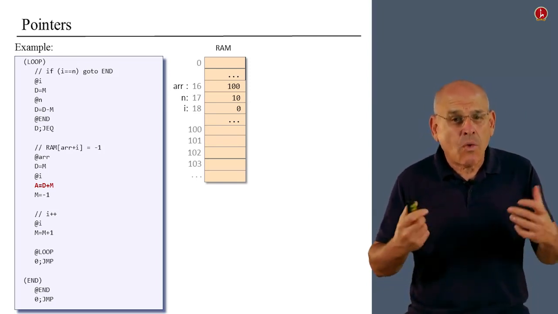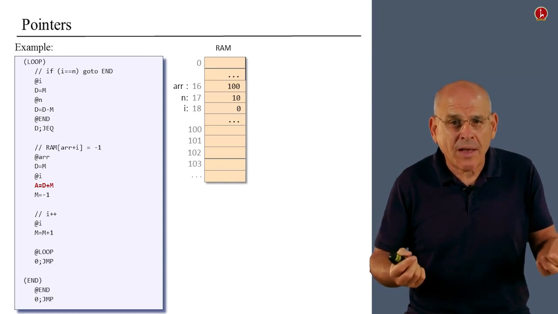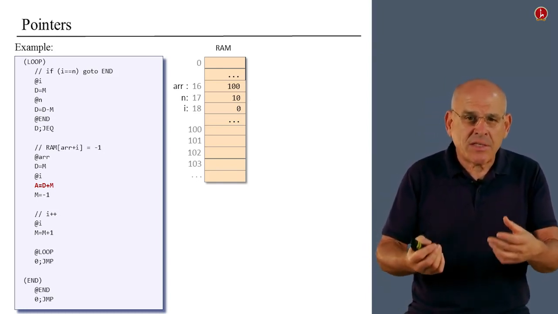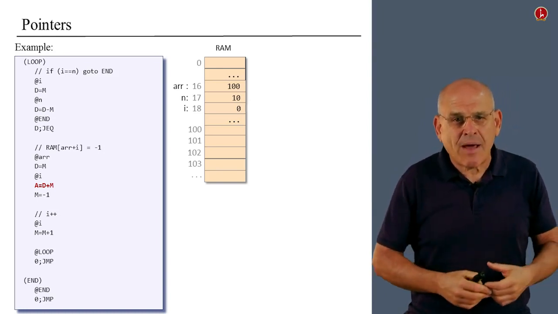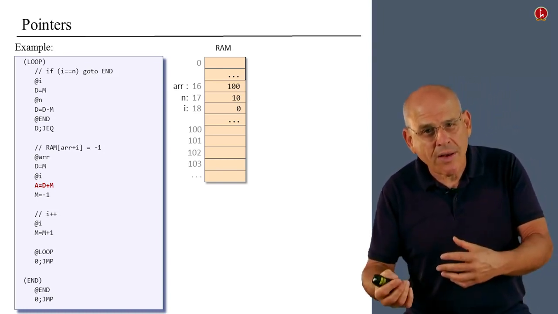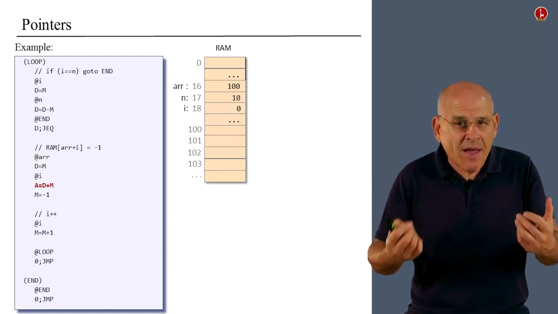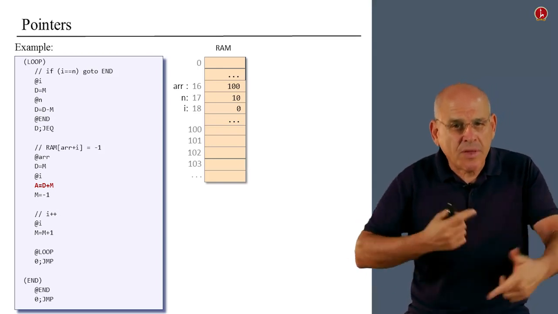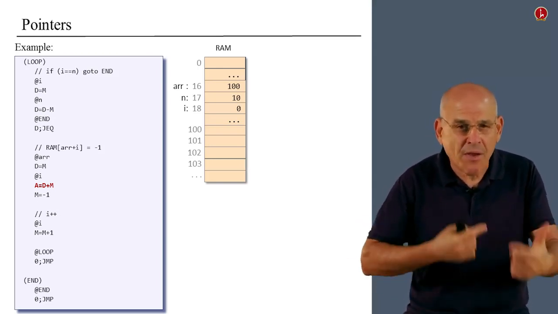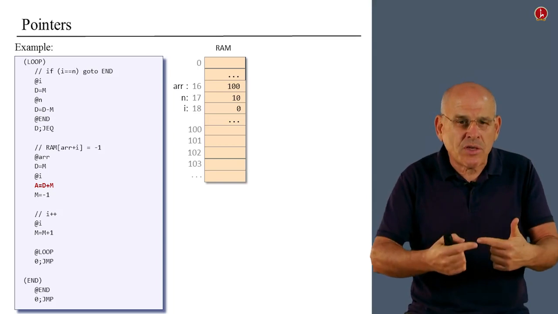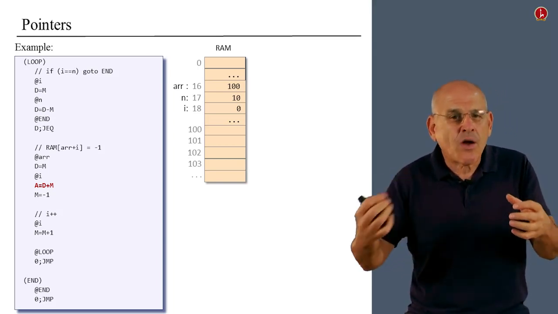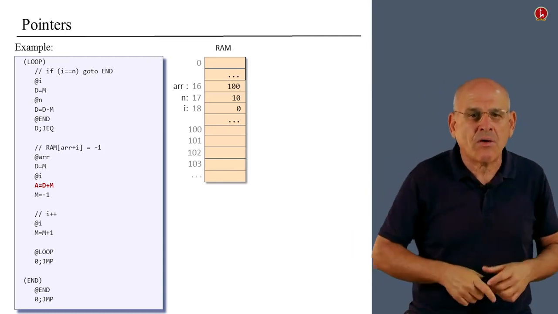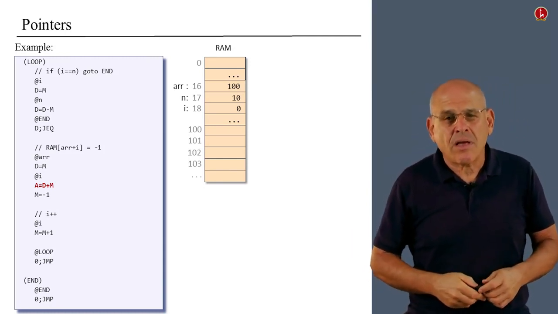Okay? Now, what will happen when we do it? Well, D plus M now stores an address. So this address is assigned to A, and by the time we say M equals -1, the register that will be affected is the register that A addresses. Now, if we do this within a loop that runs 10 times or 10,000 times, in each iteration, the A register will acquire one more address, and we're going to operate on a different register in the memory.